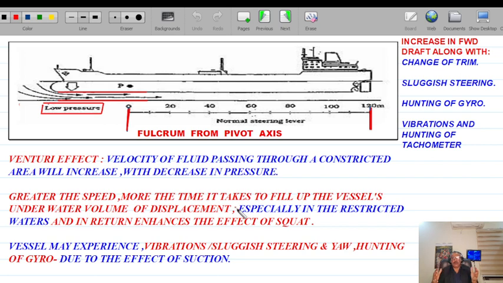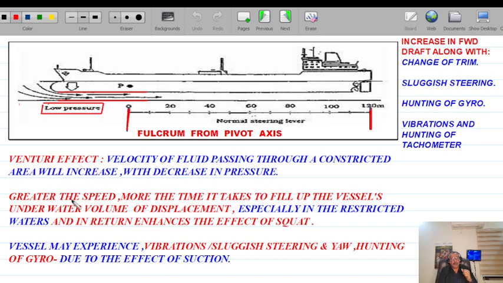Why? Because there's a constriction, number one. Number two, the channel width also matters, because water finds its own place in space. But because of the draft of the vessel, the width of the channel, and the squat effect of the vessel with respect to the speed, the void or the underwater volume of displacement takes time to fill up. And that is where you experience this Venturi effect.